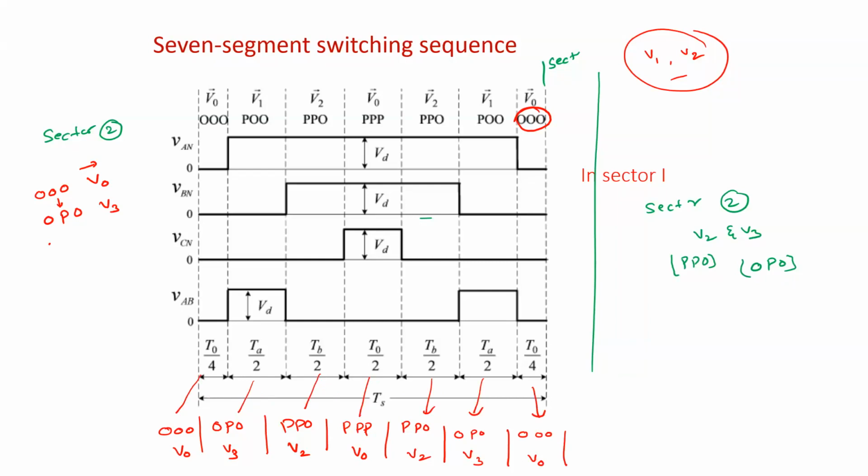So when it is moving from sector 1 to sector 2, sector 1 ended with 0, 0, 0, and sector 2 started with 0, 0, 0. So there is no transition here. Whatever the status is, the same status is repeated.